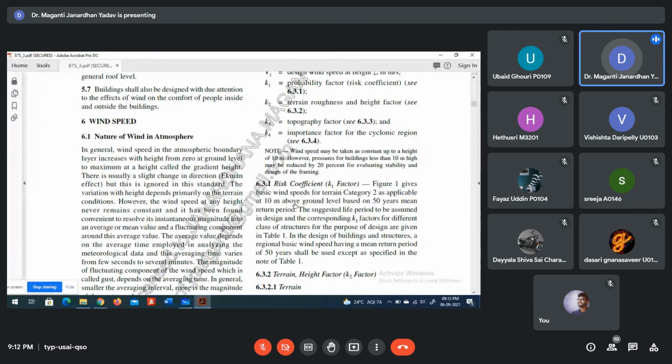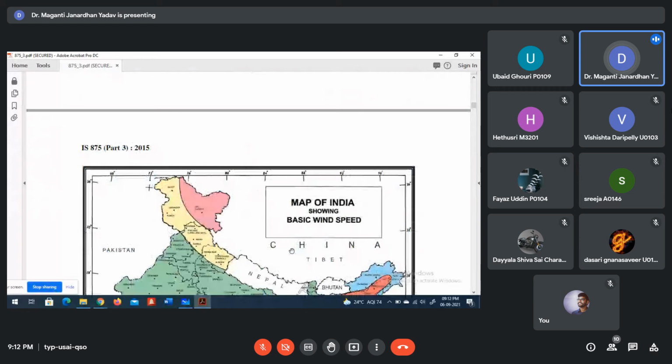Figure 1 gives the basic wind speeds for terrain category 2 as applicable at 10 meters above the ground level based on a 50 years mean return period. The suggested life period to be assumed in the design and the corresponding K1 factors for different class of structure for the purpose of design are shown in table 1. In the design of buildings and structures, a regional basic wind speed having a mean return period of 50 years shall be used except as specified in the note of table 1.